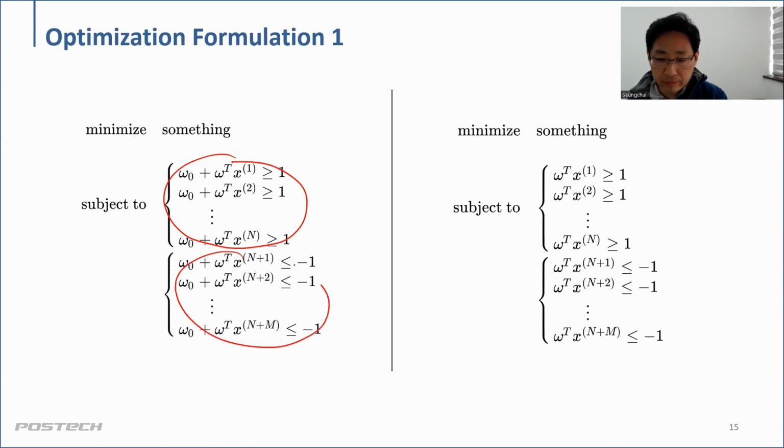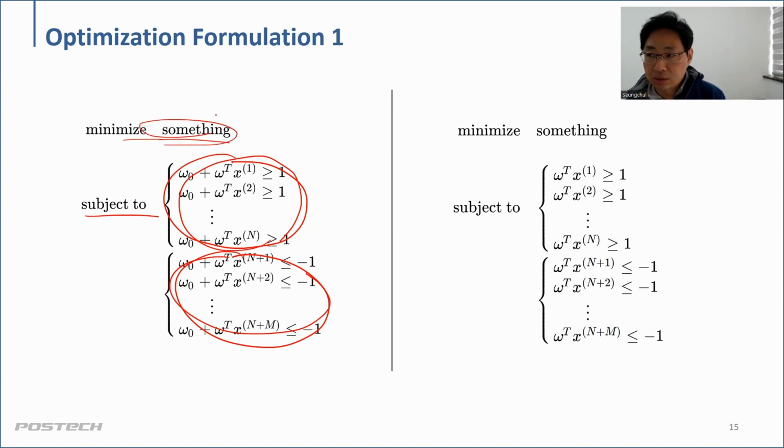Here it's subject to: all the data points of one class are supposed to satisfy this one, and the data points of the other class should satisfy this. And we want to minimize what? Nothing. I just put anything there, because those are the conditions that all the data points are supposed to meet.